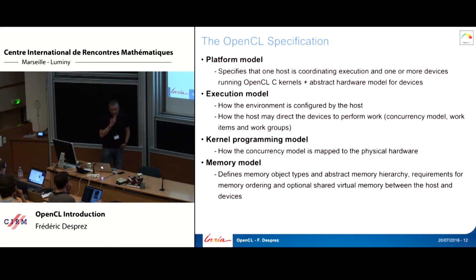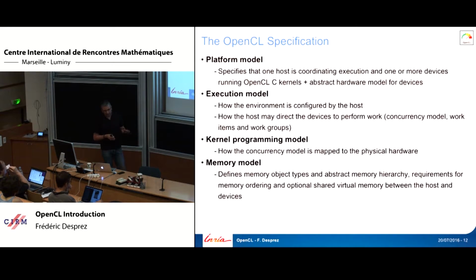About the OpenCL specification, it can be divided in 4 parts. First, the platform model. It specifies that you have one host and several devices working behind this host, running OpenCL kernels. So you have an abstract model of your hardware with your device and your host.